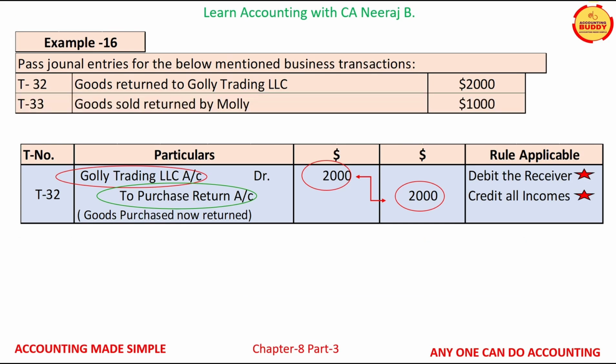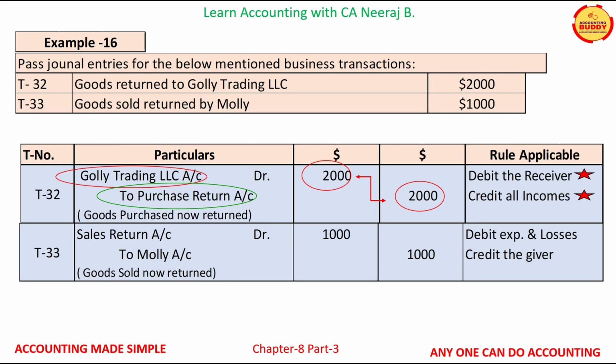Transaction T33 is goods sold returned by Molly valuing $1,000. The two accounts affected are sales return account and the debtors account of Molly. Sales is a revenue of the business and the sales return is considered as the expense for the purpose of recording sales return transaction.